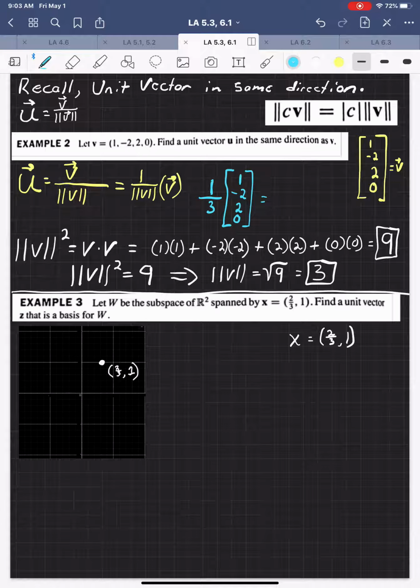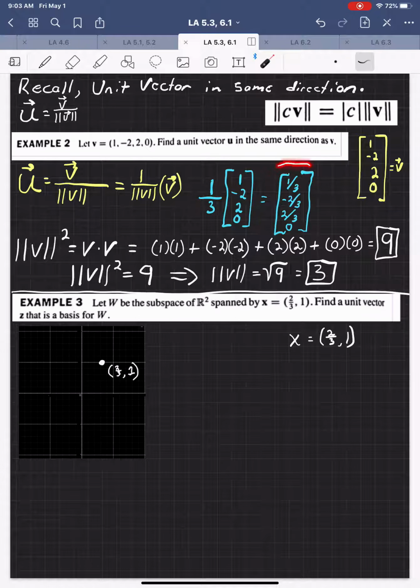Okay, so what is the result? Well, here it is. Here's the answer. That's just 1/3, and then negative 2/3, positive 2/3, and we still got 0. All right.